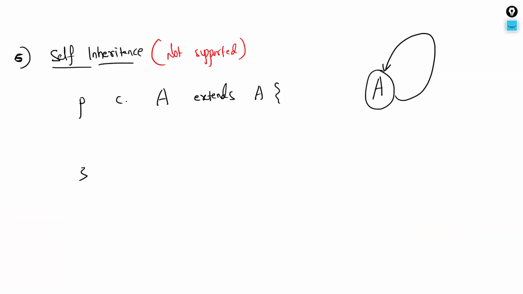In one series of things, every class is a child class of another class, so that's called cyclic. Somebody says this is also cyclic only. Self inheritance is not supported because there are no extra benefits, so that syntax is not allowed. If you write this, it's an error. So these are the various types of inheritance that we have in Java. Clear?